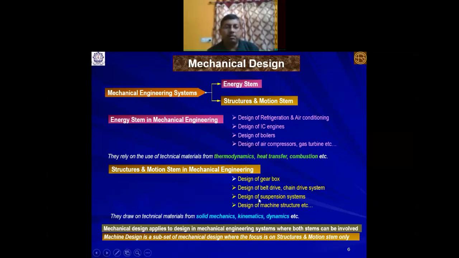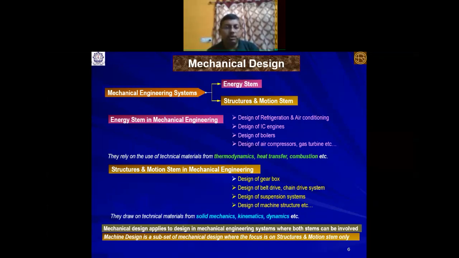In machine design we are not covering the energy stem, we are not covering the design of refrigeration, IC engine and boiler. So machine design is a subset of mechanical engineering design where focus is on the structure and motion stem only.